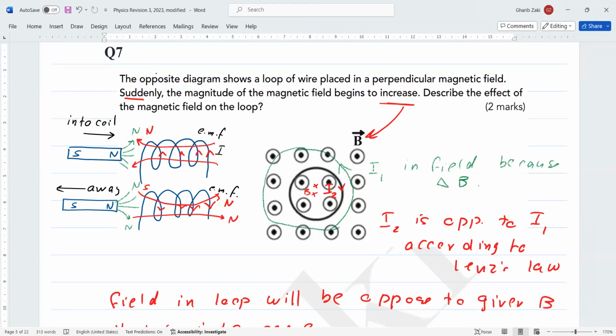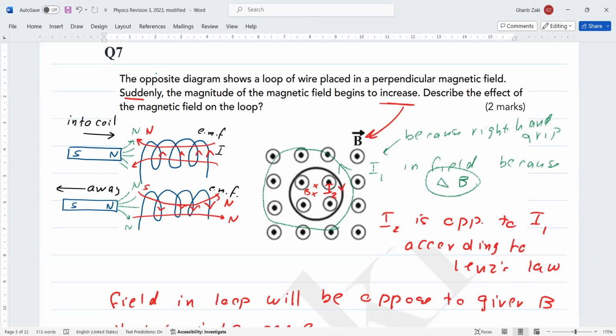This is the current induced because of the change in flux. According to Lenz's law, the induced current in the loop is opposite to I1. I1 is, by right hand grip, anti-clockwise.